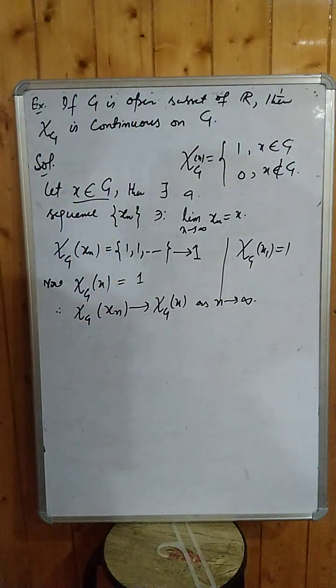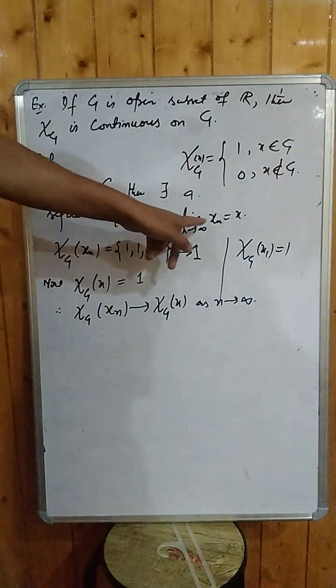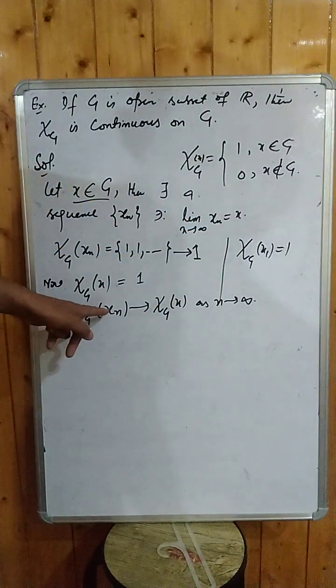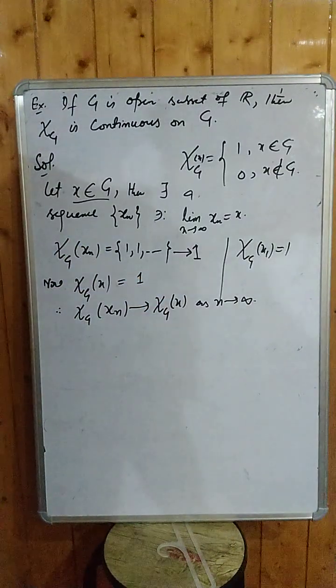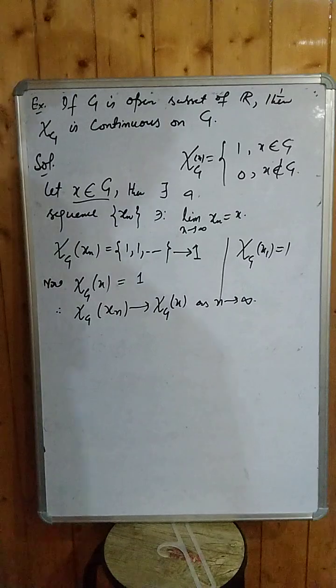Right? So we have succeeded in proving that the post images also converge. That means if xn converges to x, then chi G of xn converges to chi G of x as n approaches infinity. So by the sequential approach to continuity, we can say that this characteristic function is continuous on this open set.